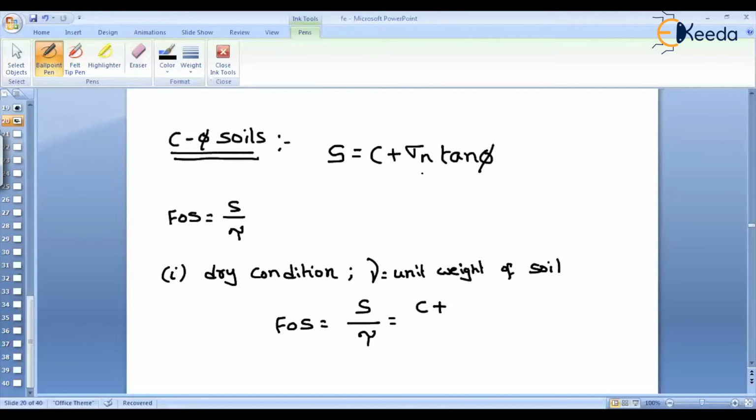And if you recall, the normal stress acting on the failure plane is gamma H cos square i, so tan phi divided by the shear stress, gamma H cos i sin i. So the only difference is that the cohesion c will also add to the shear strength. Other than that, every procedure will be the same. So this is how we find the factor of safety in a dry condition.